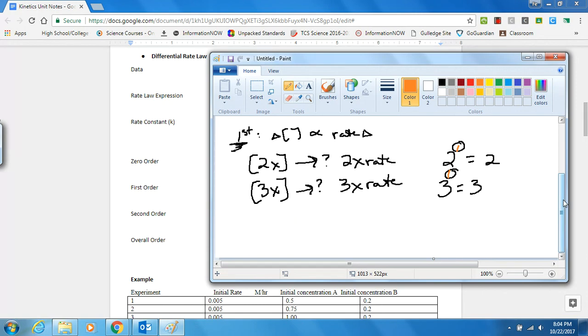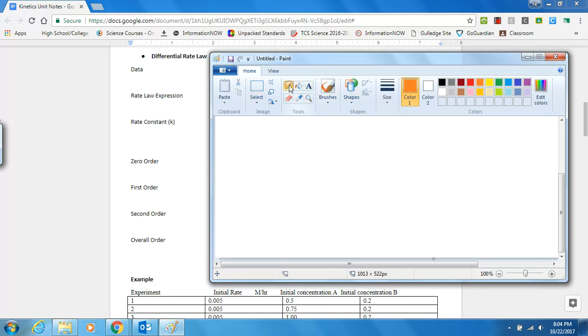Now let's look at second order. Let me select all, let me delete again, and we will go back to second order. So second order. What's happening here is if I change my concentration, then it causes my rate to change by that number squared. Now that's a mouthful.